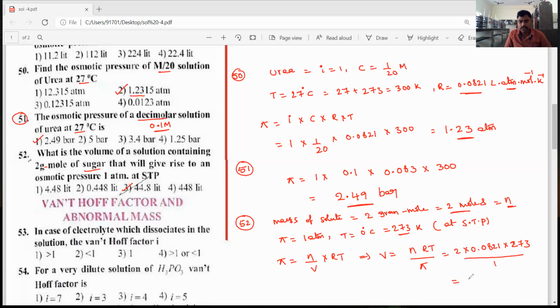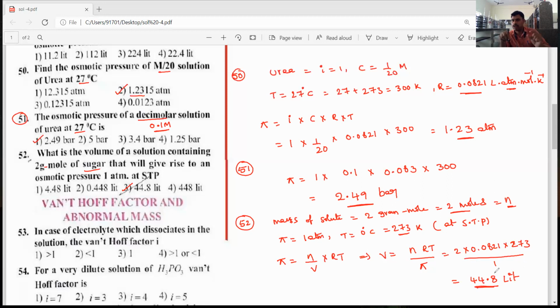Then we'll get 44.8 liters. Okay, 2 moles of any solution occupy a volume at STP of 2 into 22.4 liters, which means 44.8 liters will come.